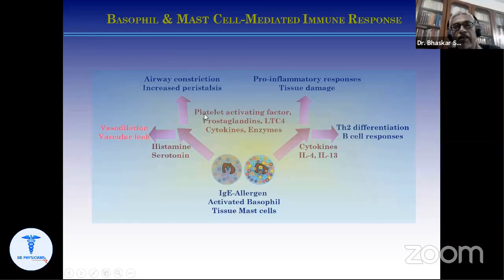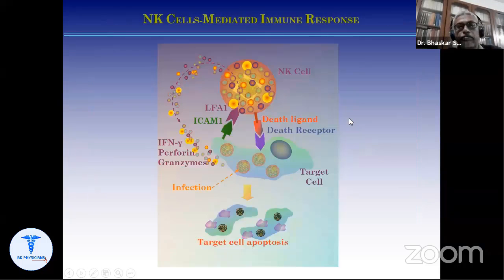On the other side, they can also secrete platelet activating factor, prostaglandins, leukotriene C4, cytokines, and enzymes, IL-4 and IL-13 that cause T cell differentiation and help the B cell response. And then the NK cells, which have already been discussed yesterday, by secreting interferon gamma, perforin, and granzyme B, can kill the infected target cells.